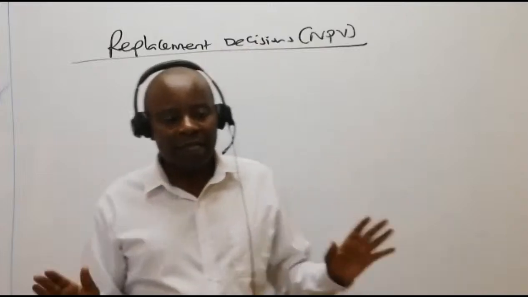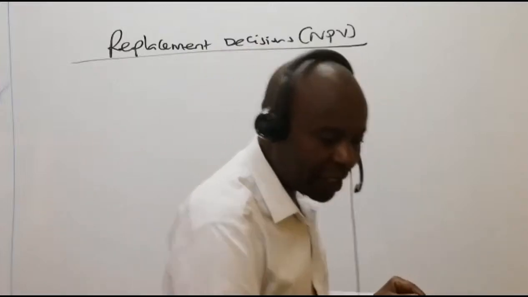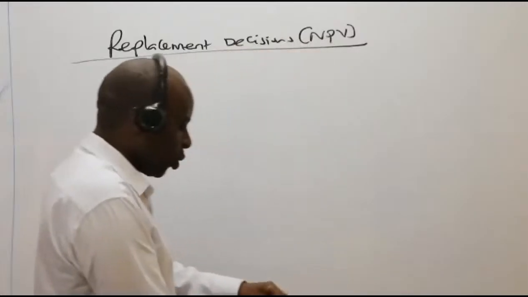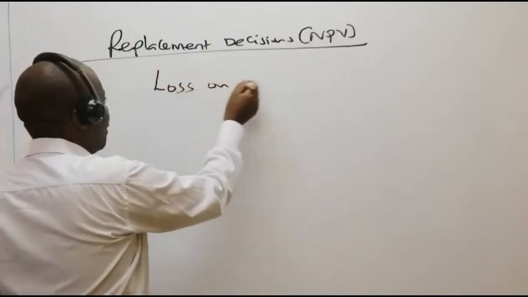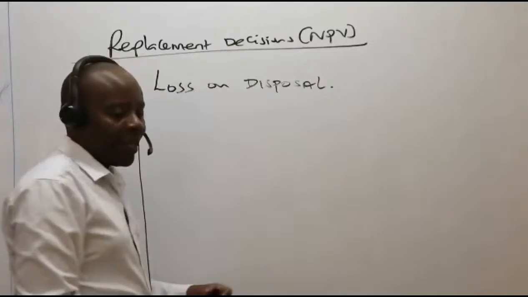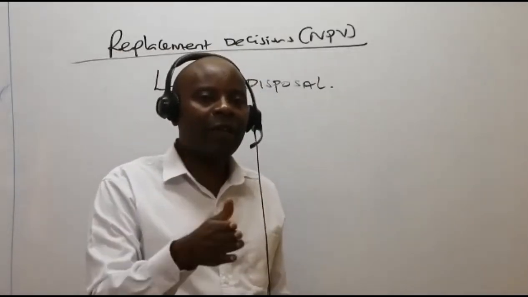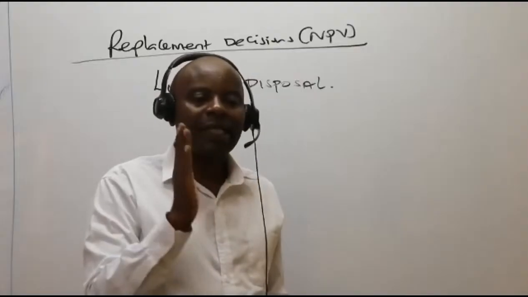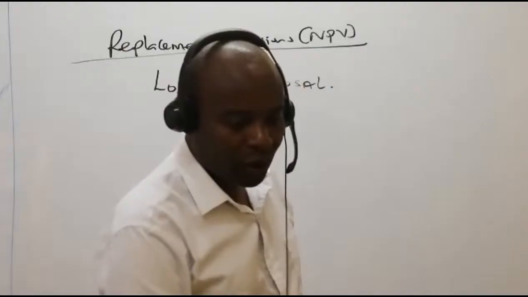And the very first thing we will do is to calculate the loss on disposal. I'm telling you, you buy a machine today, a 10-year-old machine, and then in the middle, year number 5, you start selling it, chances are you'll make a loss straight away. So what is the loss on disposal?